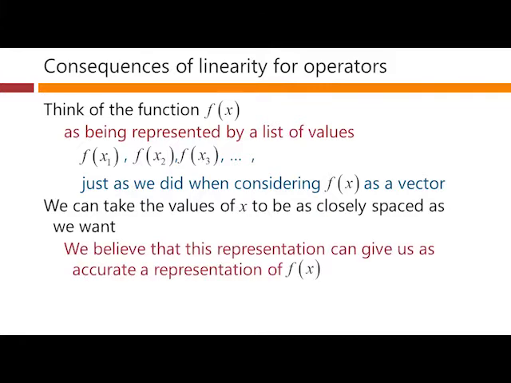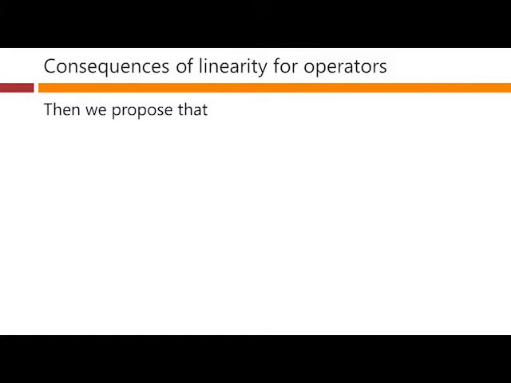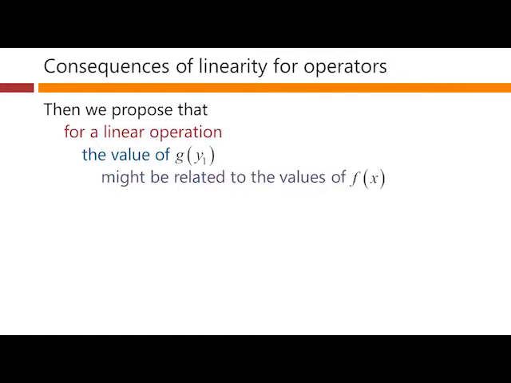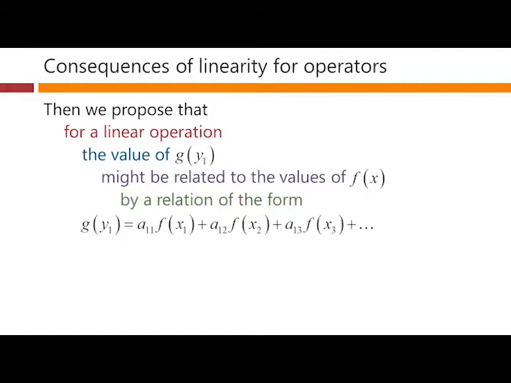We believe that this representation can give us as accurate a representation of f of x as we need for any calculation we might want to perform. Then let's propose that for a linear operation, the value g of y1, y1 of its argument here, might be related to the values of f of x by a relation of this form.